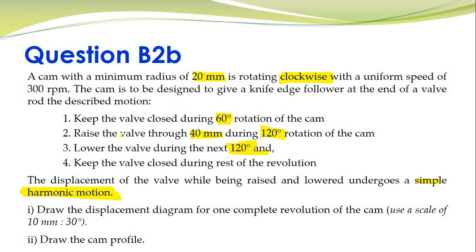And then again it says raise the valve through 40 mm. So this 40 mm becomes your maximum stroke, the maximum distance that the knife edge follower moves. So the first thing is you have to draw the displacement diagram, using a scale of 10 mm representing 30 degrees, and finally draw the cam profile.